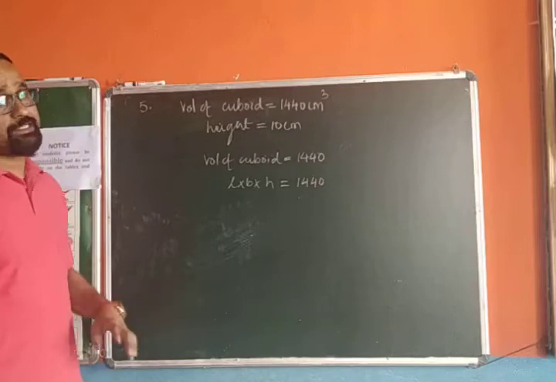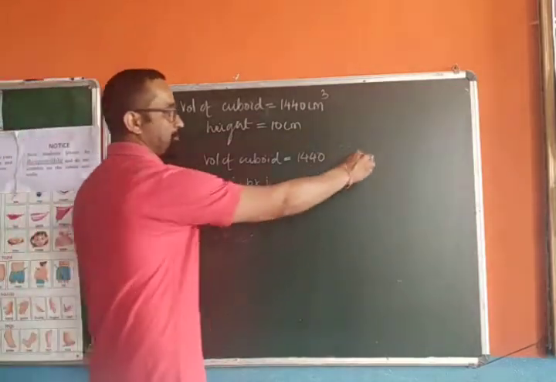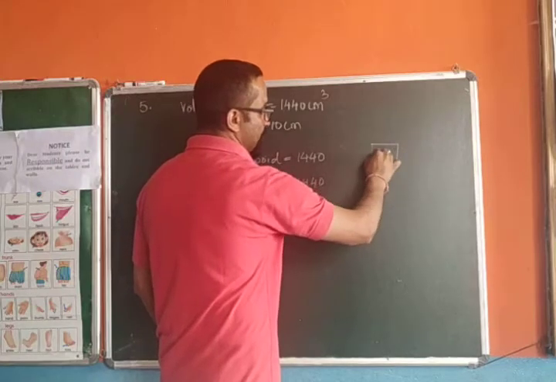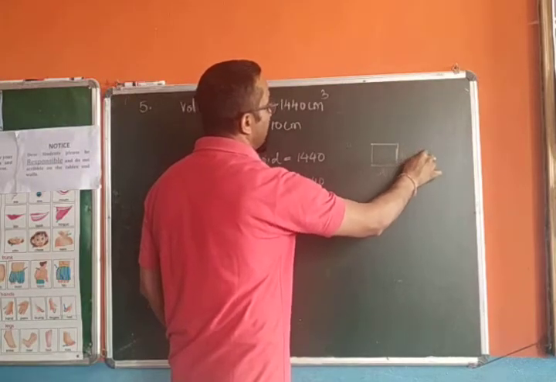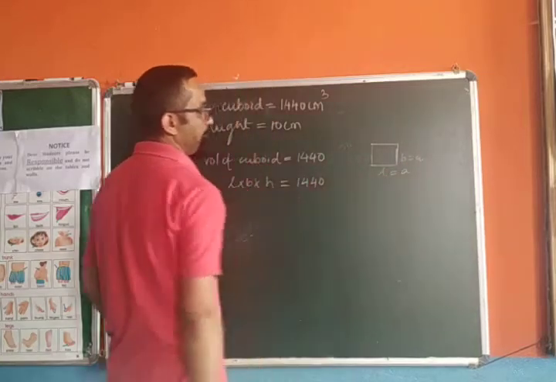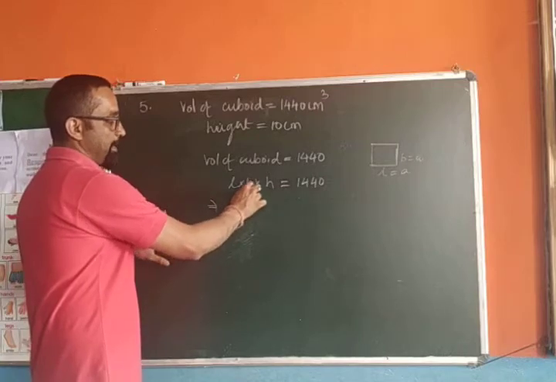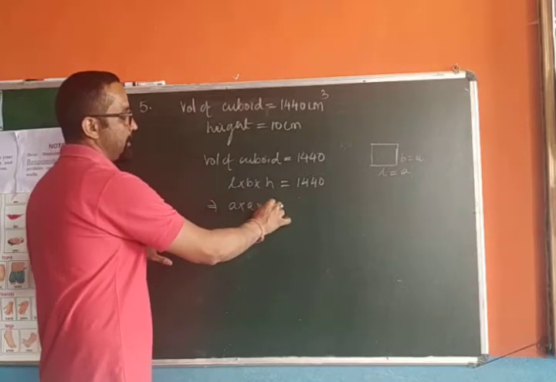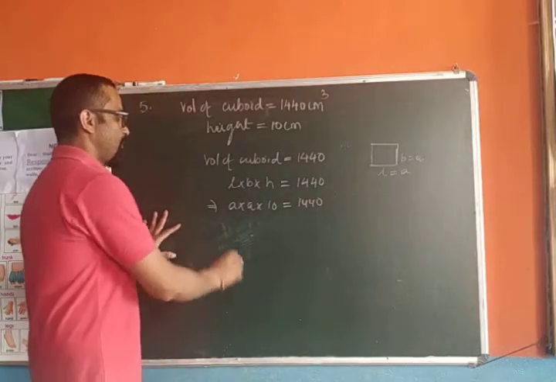The cross section is in form of a square, so length and breadth both are equal to A. So we write length as A, breadth as A, and height is 10 equals to 1440.